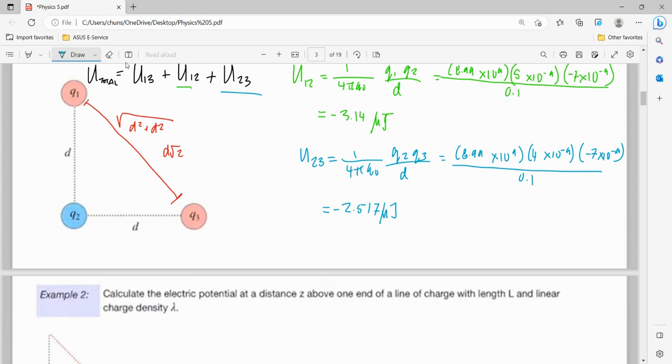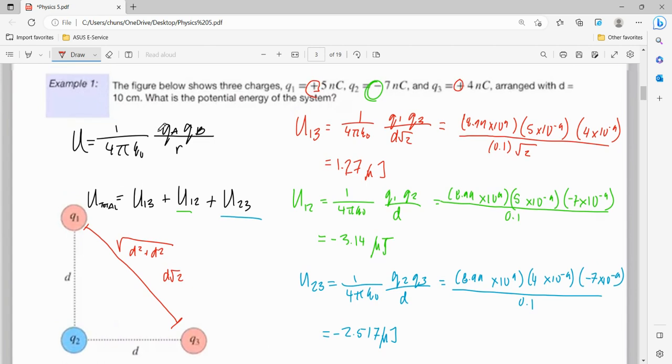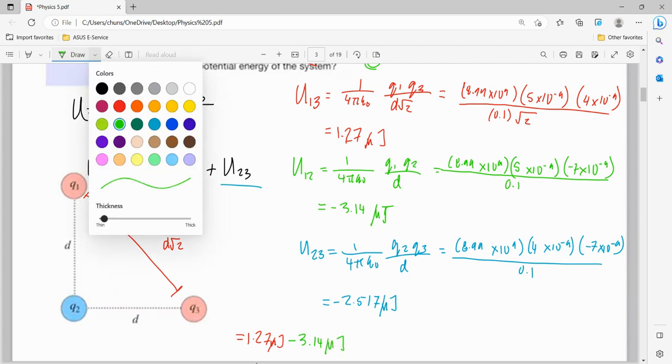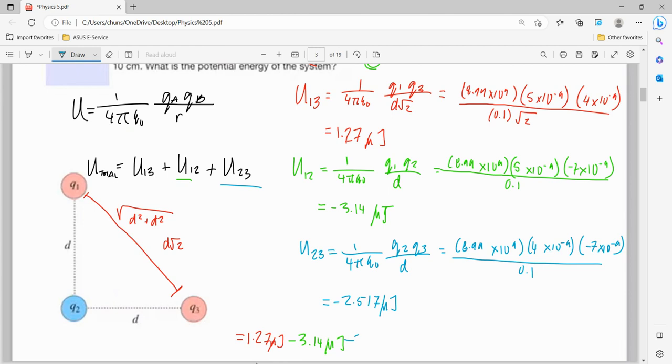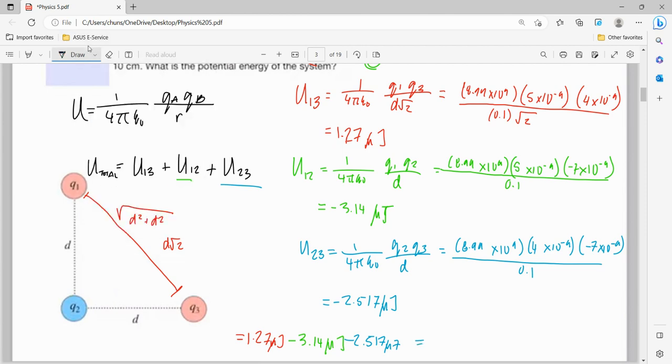microjoules. So we add them all up, we get, so our positive was 1.27. Negative 3.14. And we have minus 2.517. And this gives us a total of, so that's 1.27 minus 3.14 minus 2.517.